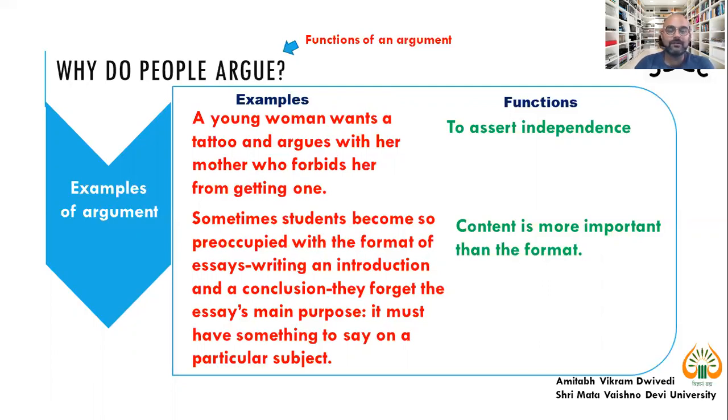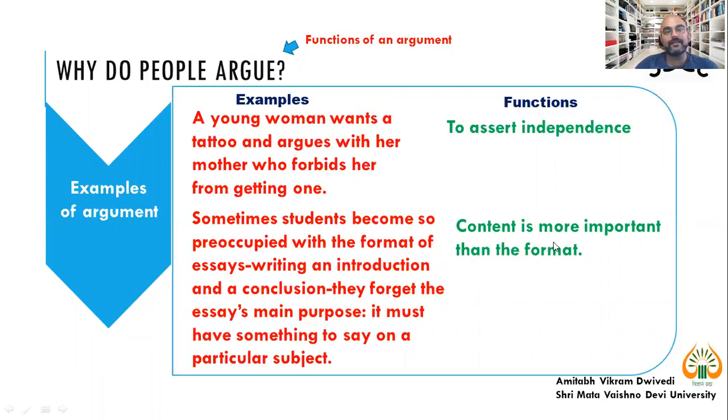So this is a conflict between a daughter and a mother. And we need to understand the reason behind that conflict. When we try to understand the reason behind the conflict, we will get to know the function of an argument. So here we have a function: a growing up daughter wants to assert her independence.